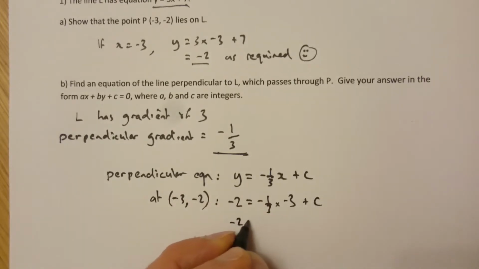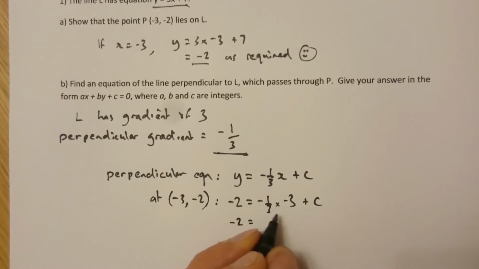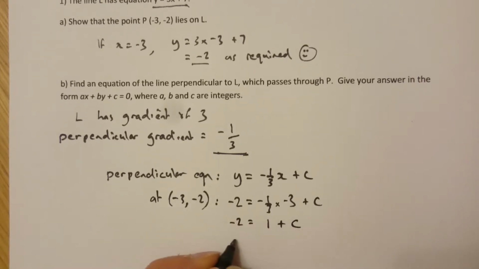A bit of work in there. -2 therefore must equal -1/3 times -3, which is 1. And we get -2 equals 1 plus c, which rearranges, take away 1, to get -3 being the value of c.